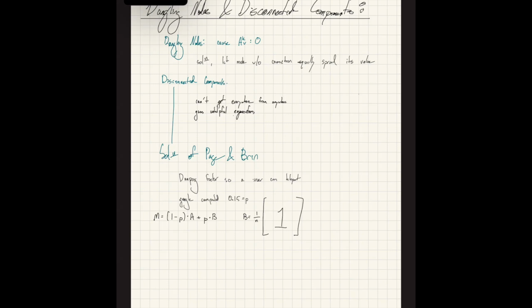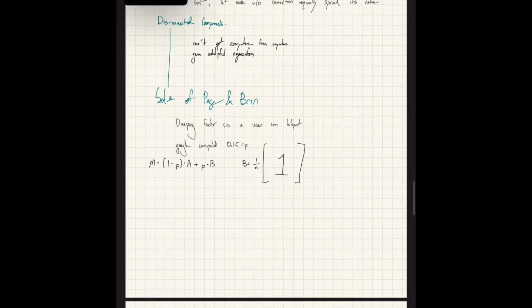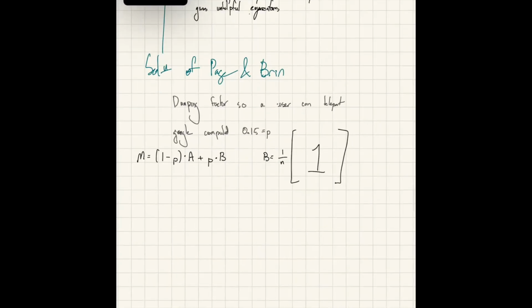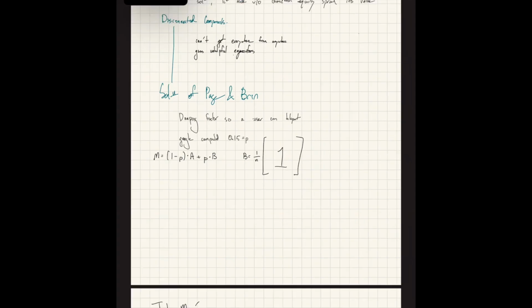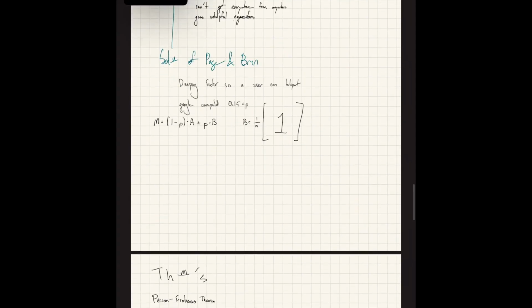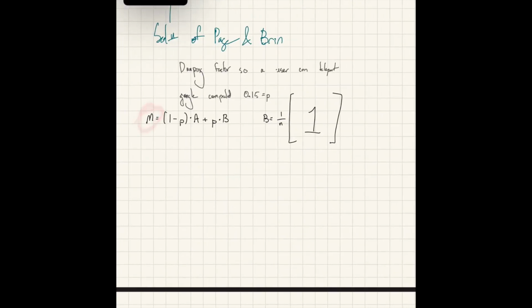And so that's where we get into the solution of Page and Brin. They use a damping factor so that the user can teleport from any node to any node. And the damping factor that's regularly used in practice is 0.15, which you add to the previous factor. So you get a new matrix M instead of the A we used above.